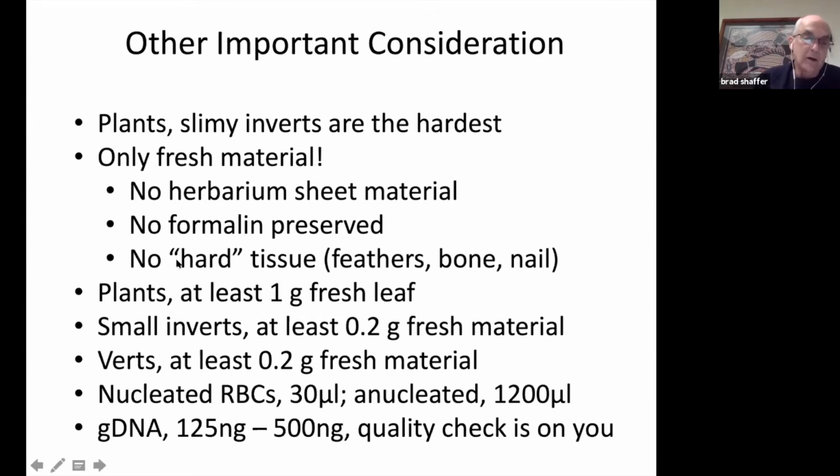And I said no, and this isn't a real no, but please try not to send so-called hard tissues. And hard can mean difficult, or hard can mean literally hard. So feathers, bones, nails. Those of you who know me know I do a lot of work on turtles, and we have tried endlessly to extract DNA from turtle shells. And it just doesn't work.